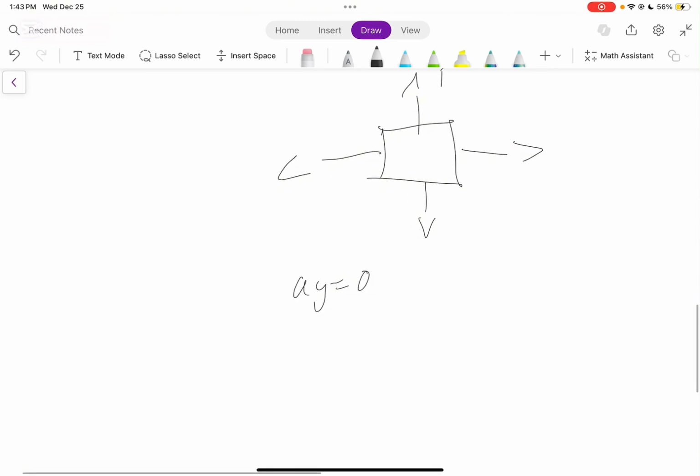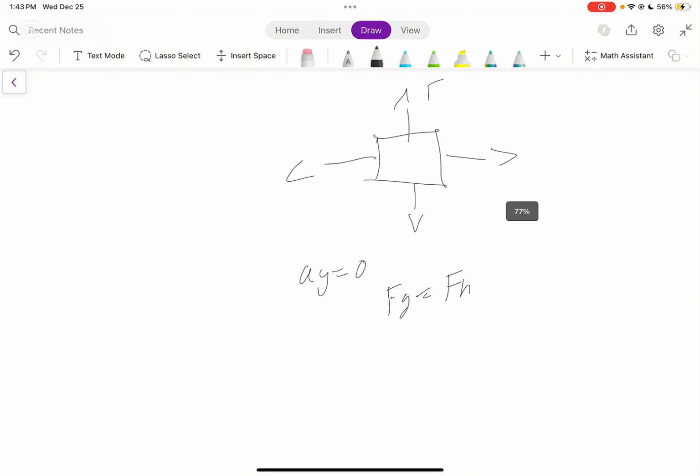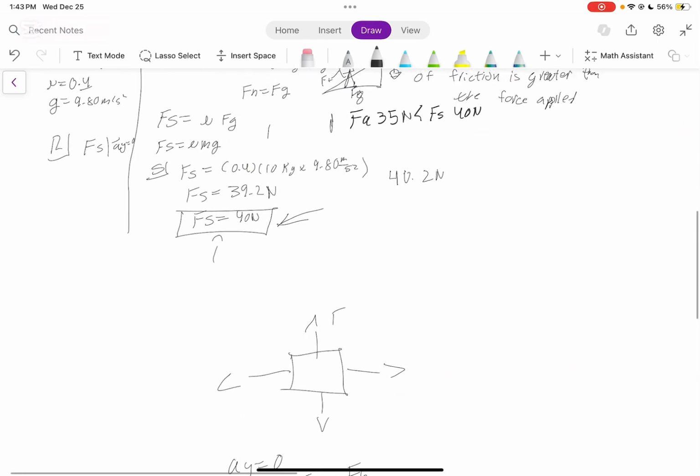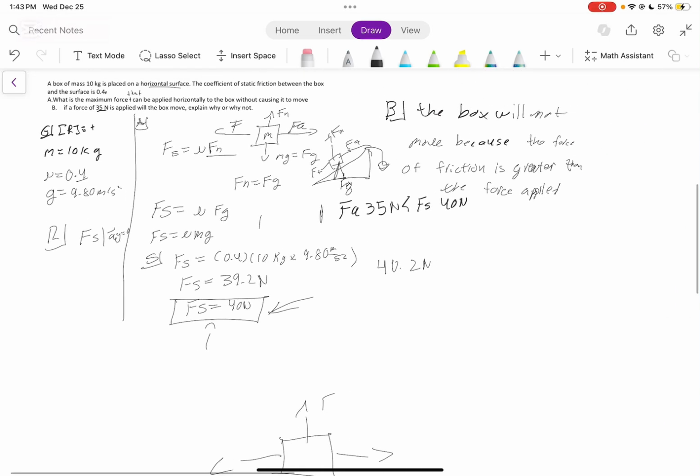Because the box isn't getting an acceleration up or downwards. Therefore, we can set Fg equal to Fn in case we don't have Fn sometimes, because you won't always be given Fn. So sometimes it's just easier to sub in for mg. That's just a simple rearrangement that will come in handy the more and more we use it.